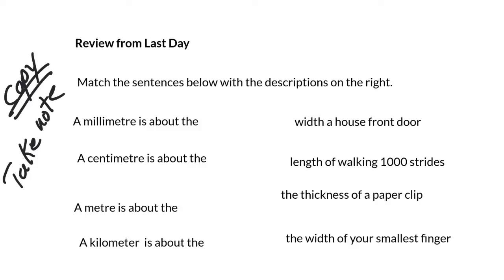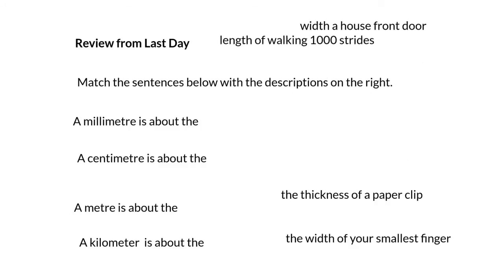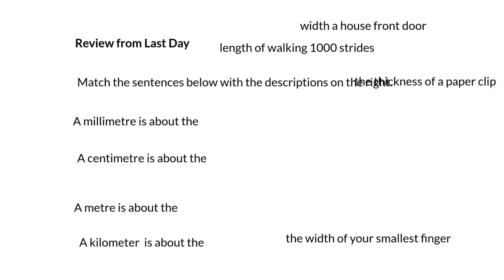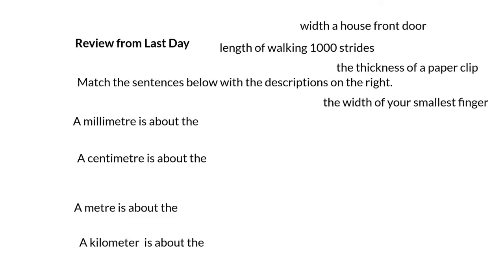We have the width of a house front door, the length of walking strides, the thickness of a paperclip, and the width of your smallest finger. I want you to try to figure out how they match with these things here.